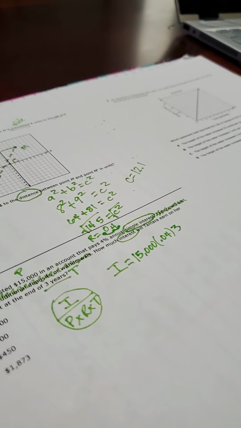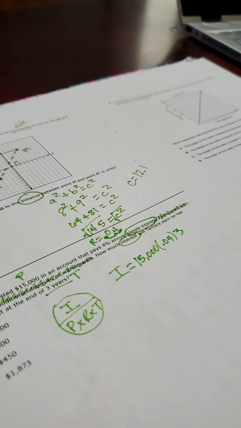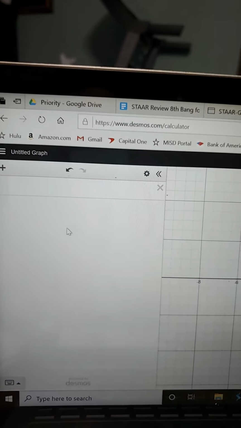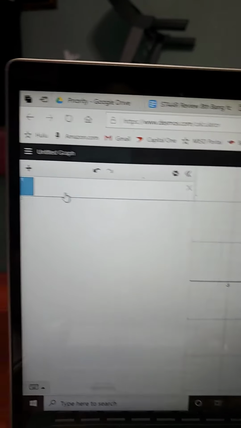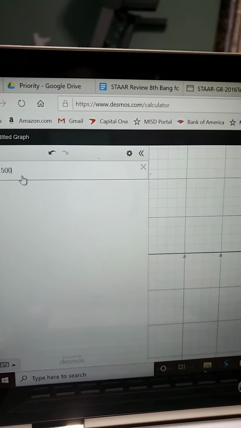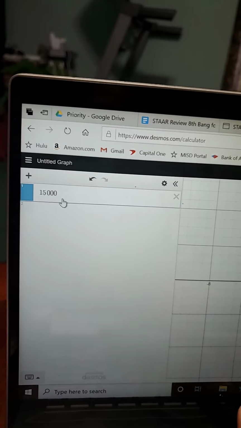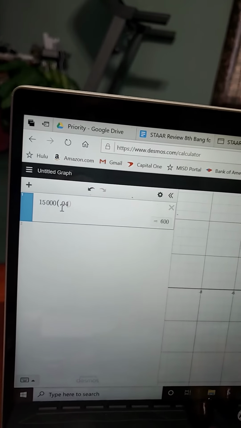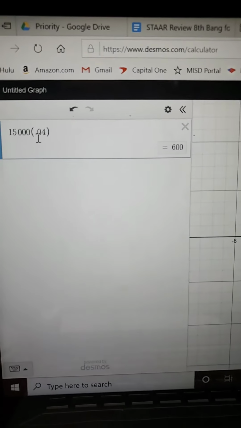Now, Ms. Calco doesn't have a graphing calculator with her right now. However, you on your STAAR exam will be allowed to use one, so what I would do is type it in with decimals. 15,000. Remember my parentheses, 0.04, because I'm multiplying, and parentheses stand for multiplication.